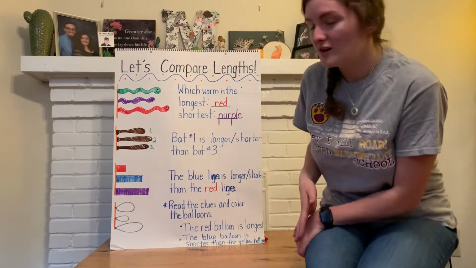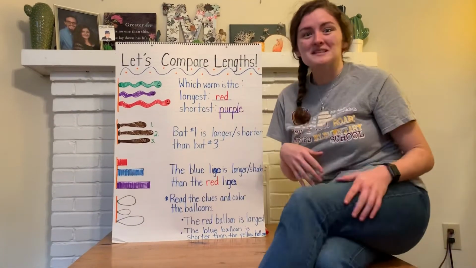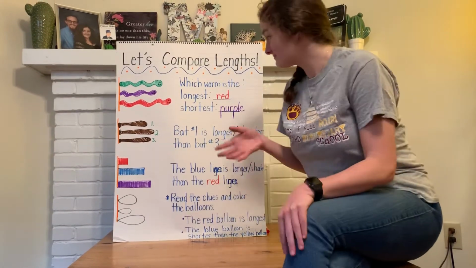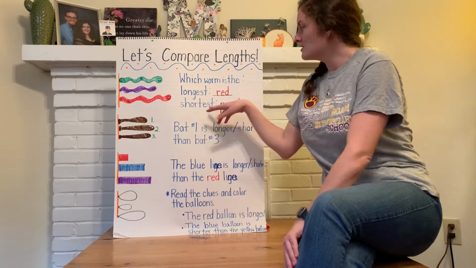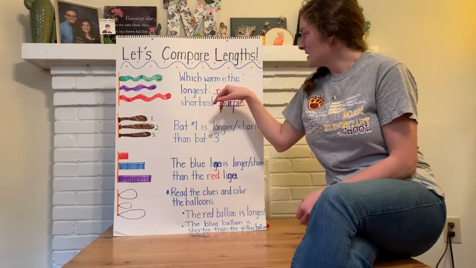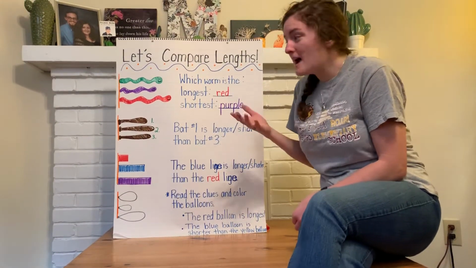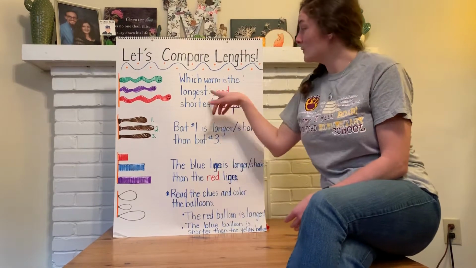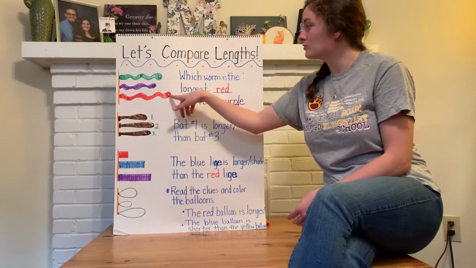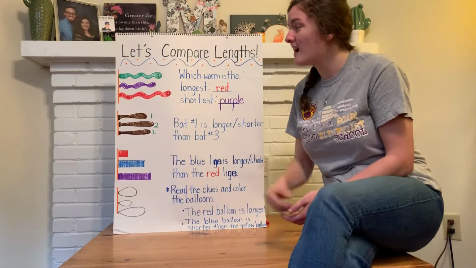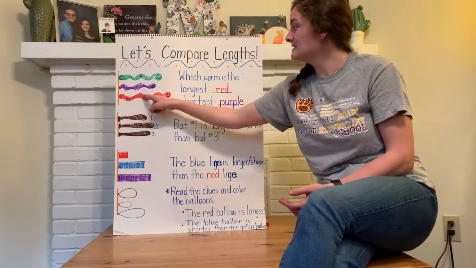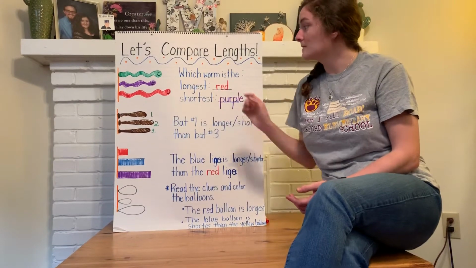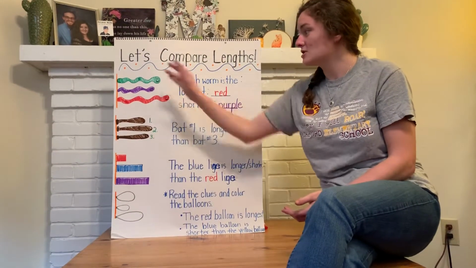Now, let's look at the first one. Miss Mason already filled this one in, so we're going to do this one together. It says, which worm is the longest and the shortest? Well, Miss Mason already answered this, but we can talk about it together. So when I'm looking at this, I know that the red is the longest because when all 3 start at the same place, I can see that my red worm goes longer than my other 2 worms.